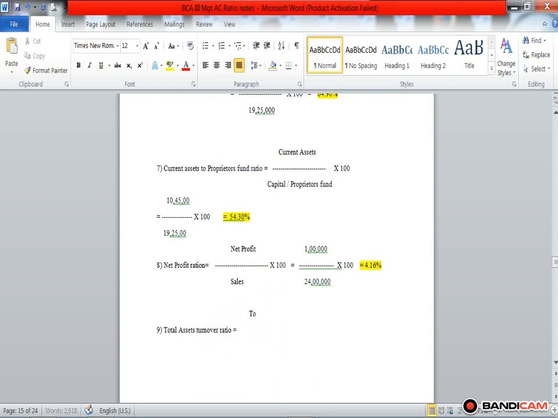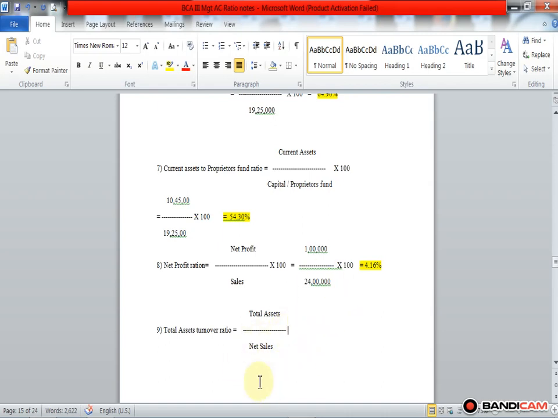Okay, total assets divided by net sales. Here it is not multiplied.